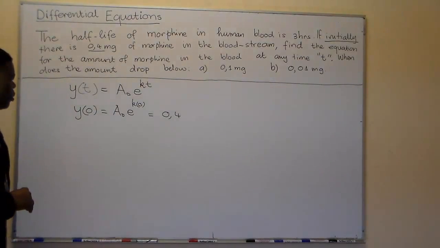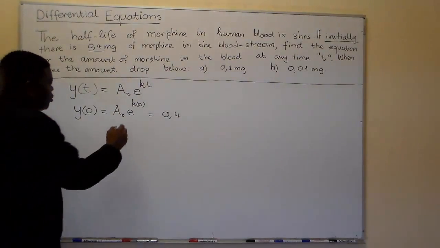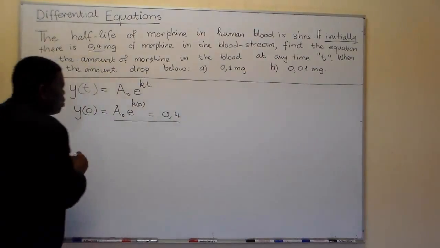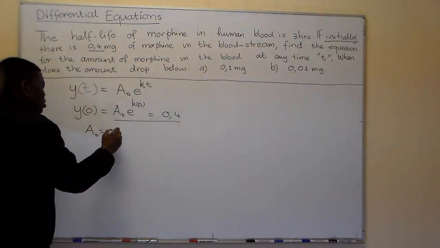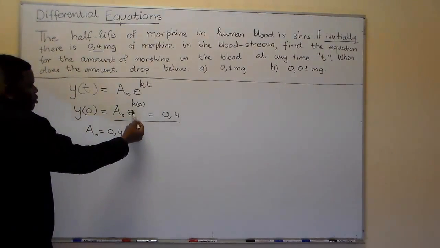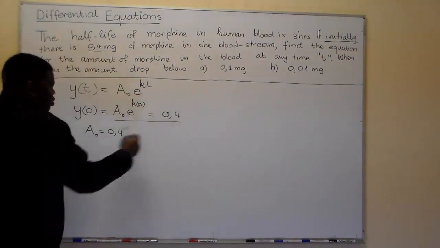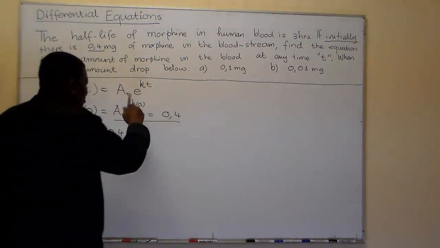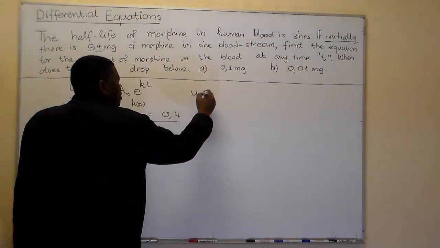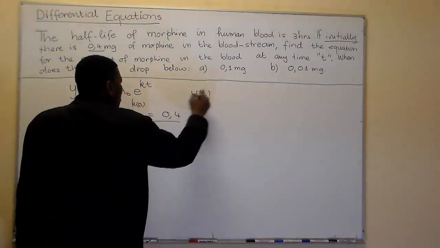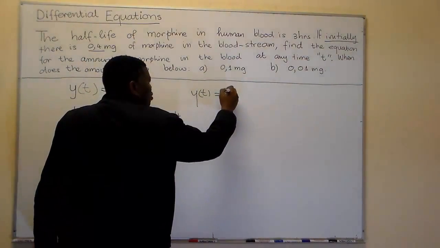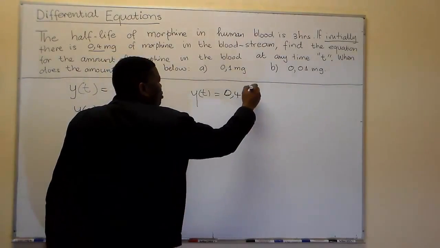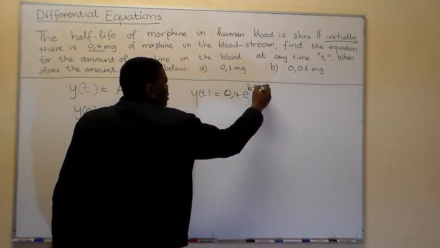Solving this equation, we get a0 is equal to 0.4, because e to the power 0 is 1. So now we can write this solution with the parameter a0 known to be equal to 0.4. So it will be 0.4 e to the power kt.